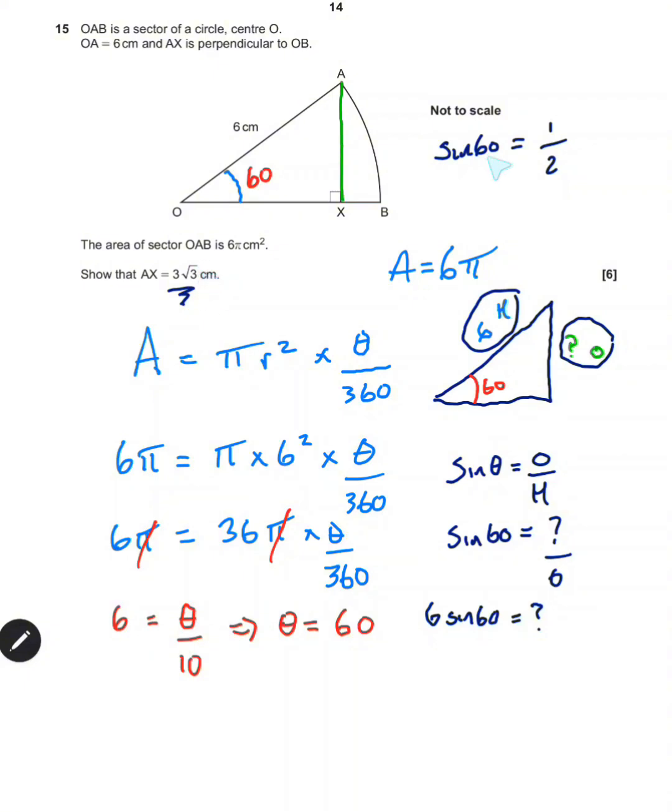So in order to get that root 3, sine 60 must actually be root 3 over 2. The over 2 is halving. Half of 6 is the 3, and then the root 3 is the root 3 that I'm looking for. This is just guesswork. I'm just pretending I know that, but I don't. And what you'd be left with is that. You could just wing it and probably get full marks for saying that.